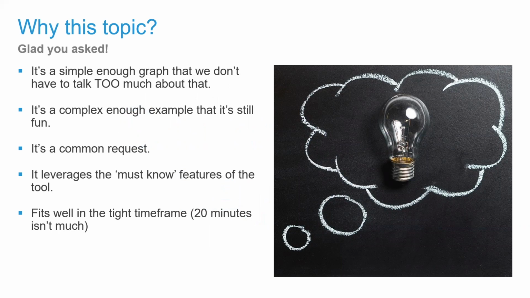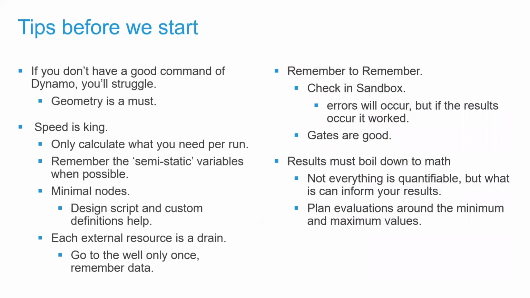Also, it's a super common request. I get asked this about three times a week anytime I show Refinery or generative design. People are like, can you lay out a hotel? And it's like, yes, I can. It also leverages pretty much all the must-know features of Refinery and fits well in the timeline, where I had 20 minutes to get through all this.